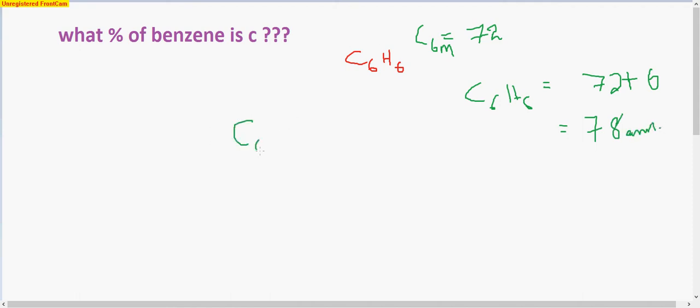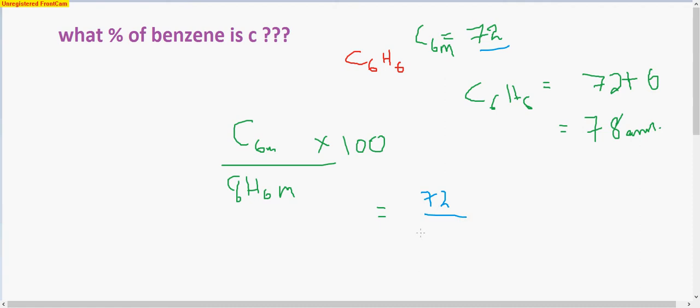That will be C6 mass by C6H6 mass into 100. That is the percentage. What is the mass of C6? It's 72. 72 by 78 into 100.